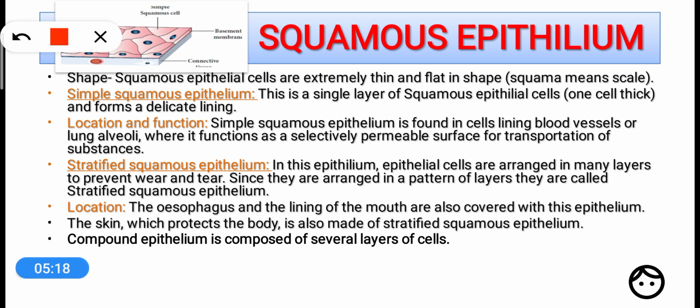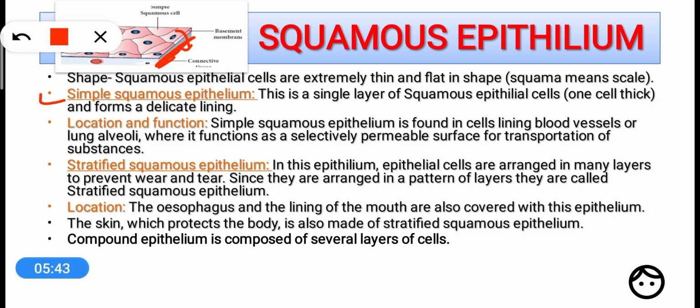Here you can see this lower matrix. This matrix is the basement membrane. Here you can see that the epithelial cell layer lies on a basement membrane. Now the squamous cells making squamous epithelium may be arranged either in a single layer or in multiple layers. So depending on this, there are two types of squamous epithelia.